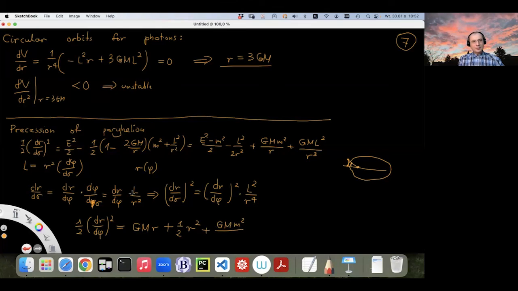So we just make a substitution, dr/dσ via dr/dφ, and this expression over here, and just clean up the equation a bit. So that's the equation for the trajectory without specifying at what time the particle was at each point, but we don't care about that. And again, it has the form of an equation in a potential.